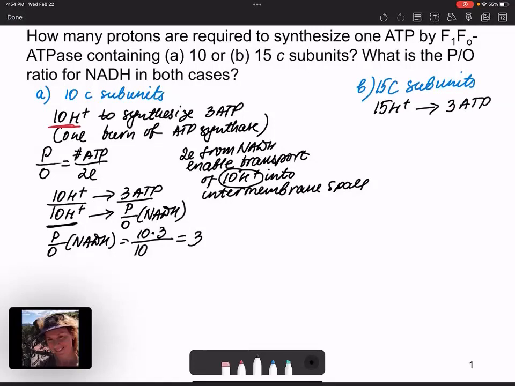Now, for one ATP to be produced, correspondingly, we have 15 divided by 3, 5 protons required, right?